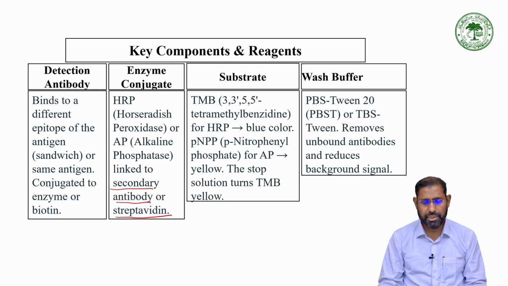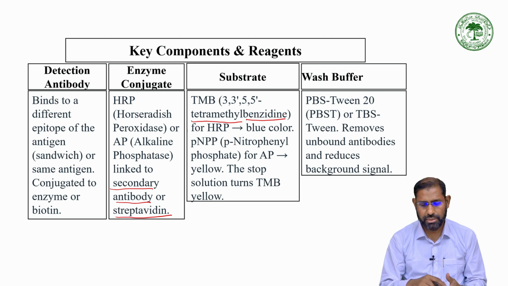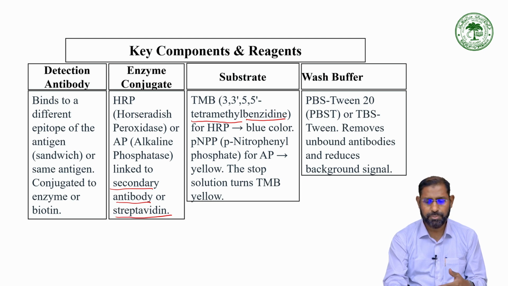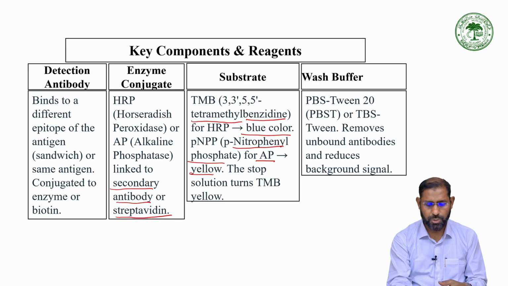That is TMB, 3,3',5,5'-tetramethylbenzidine, for HRP, and it gives a blue color. For alkaline phosphatase we use p-nitrophenyl phosphate, and it gives a yellow color.